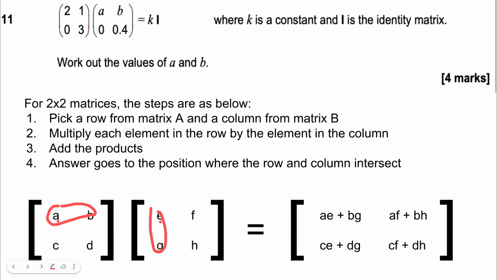So you get AE and BG, the first ones and the second ones. For this one, we will use the FH column and the AB row, and we'll get AF and BH. After that, we'll use the bottom row CD with EG to get CE plus DG, and the last two are CF plus DH.